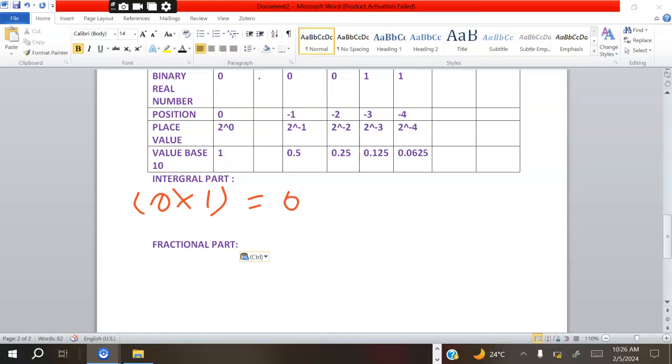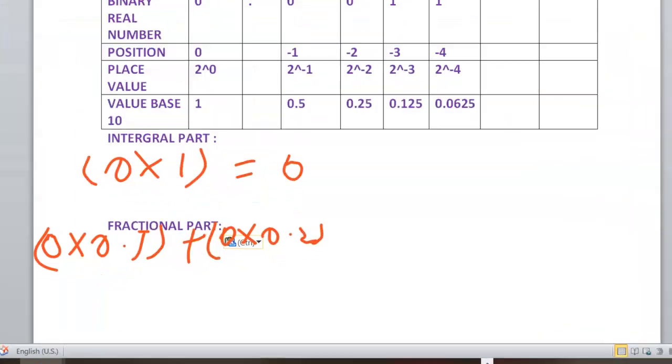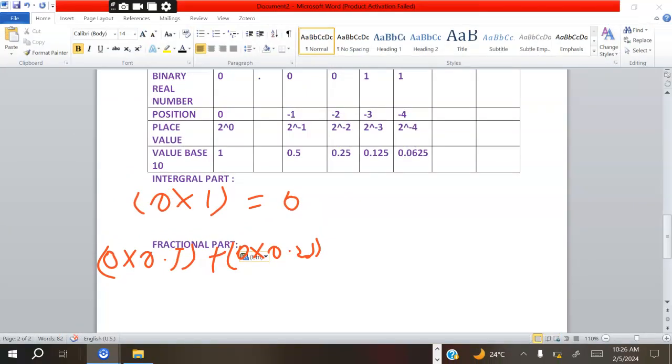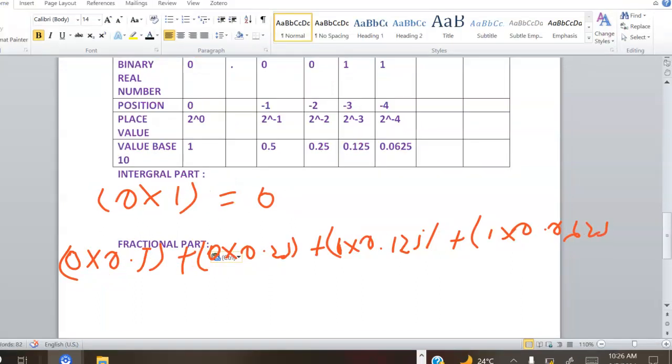Let's move now to the fractional part: 0 multiplied by 0.5, plus 0 multiplied by 0.25, plus 1 multiplied by 0.125, then plus 1 multiplied by 0.0625.